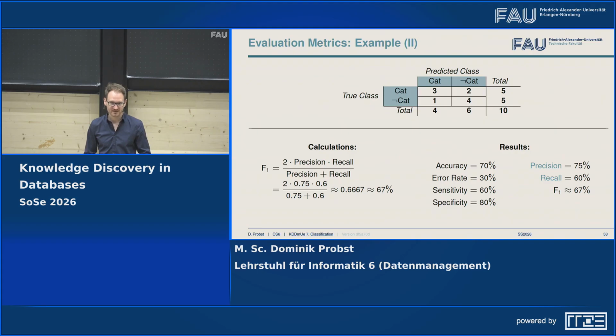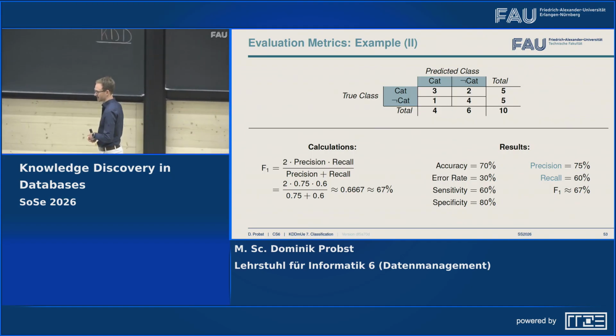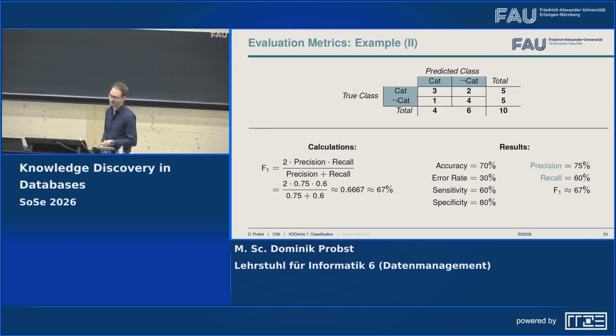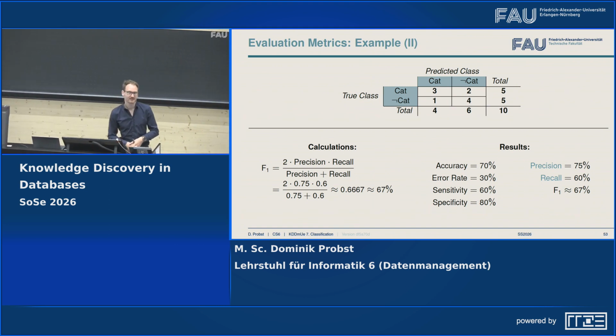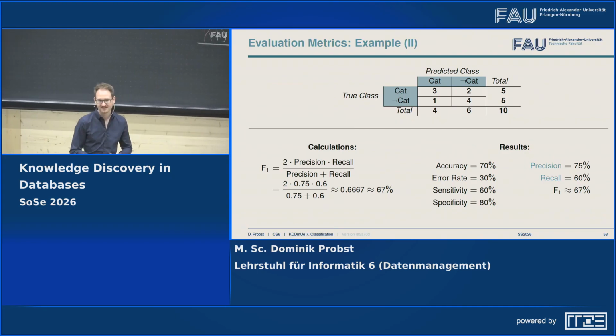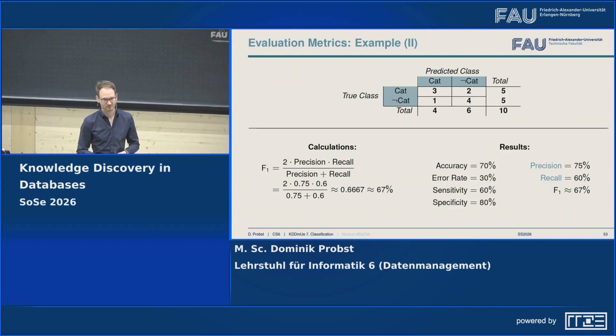In a real-world example, you would rather aim at something above 80 or even 90% accuracy. Of course, if you compare different models against each other, and your best accuracy you reach is 70%, then it's better than nothing. But predicting only 70% of classes correct is not very good.